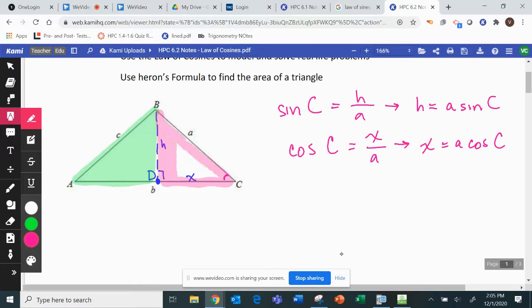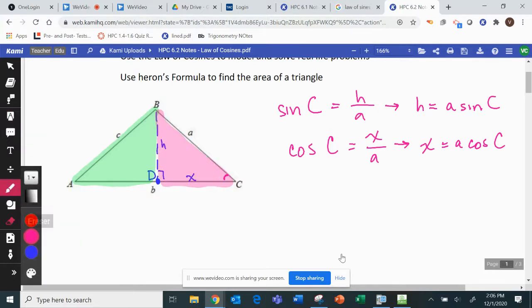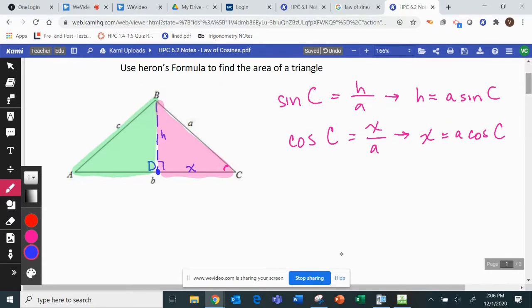Now I'm going to do some stuff with the green one. The green one is a right triangle, and c squared is equal to h squared plus this bottom side squared.